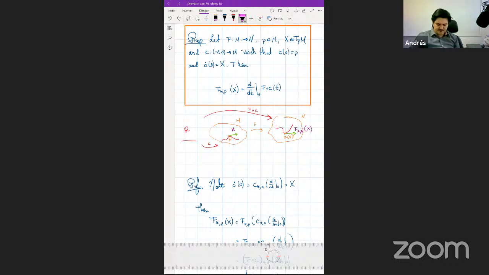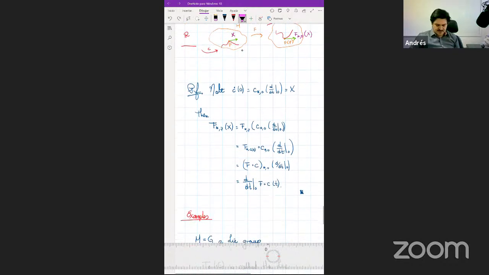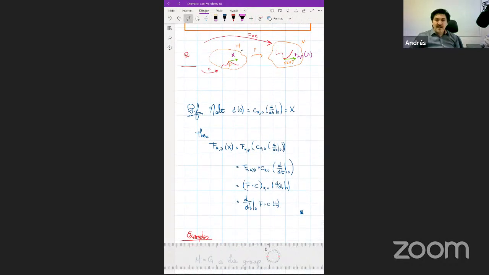Okay, now, I'm going now to compute the push forward of some other maps that are more or less closely related to multivariable calculus.